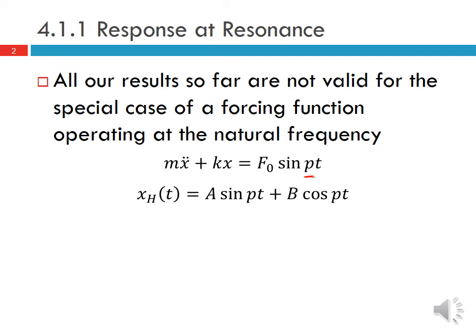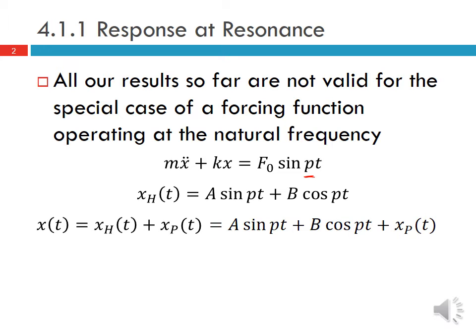The homogeneous solution we know is a sine pt plus b cosine pt, and the total response is the sum of the homogeneous solution and the particular solution. We now need to consider what the particular solution is in this case.